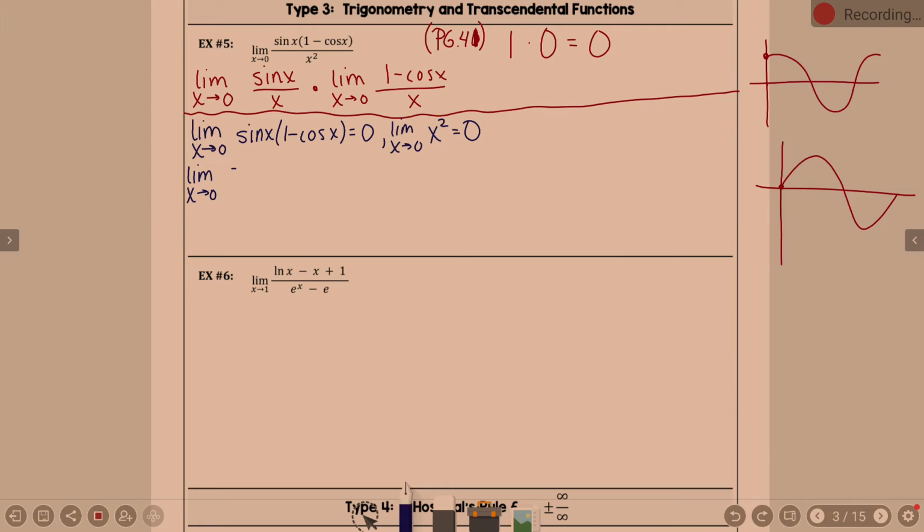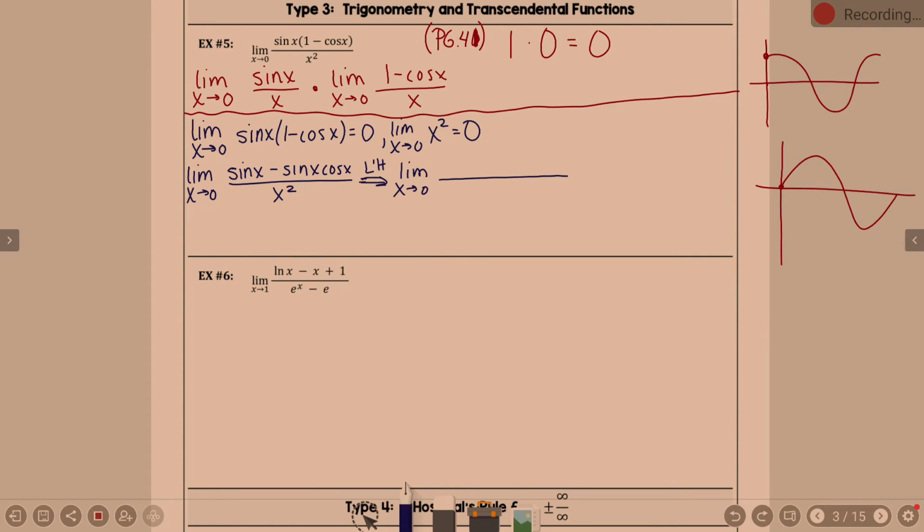So on mine, what I did is I went ahead and multiplied this out and made it sine x minus sine x cosine x all over x squared. And so then when I apply L'Hopital's, it's the limit as x approaches 0.